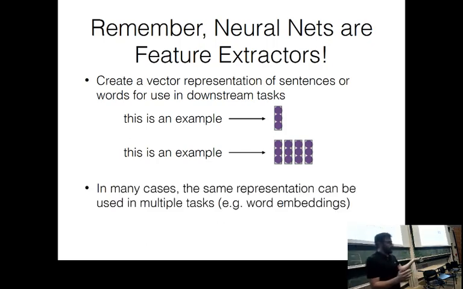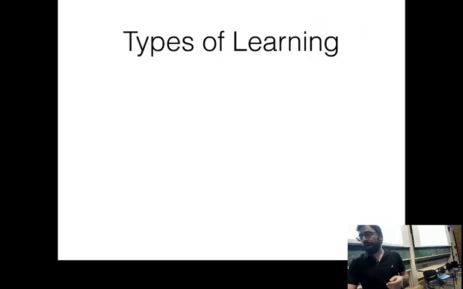Now, the idea behind multitask or multilingual learning in general is that these representations can be used for several of these multiple tasks. The prime example in our case, when it comes to language, is word embeddings, because they're just a representation of language that you can use for any other downstream task, from machine translation to tagging to whatever.